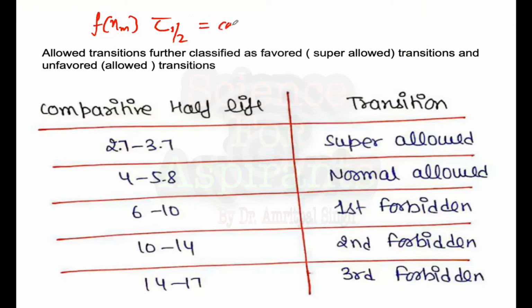This value should be a constant for a particular reaction, and it is different for different reactions.